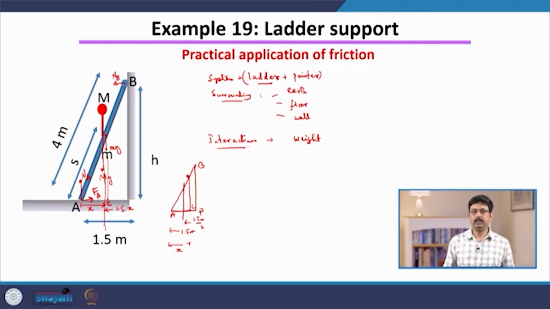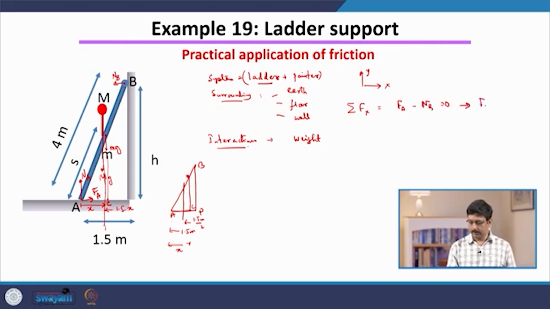So, now we write down the condition of equilibrium: the force balance and torque balance. First, force balance. Let us take this as our x axis and this as our y axis. The total force in the x direction must be 0. So, the sum of all forces in the x direction on this combined system is F A and N B, and this is 0.